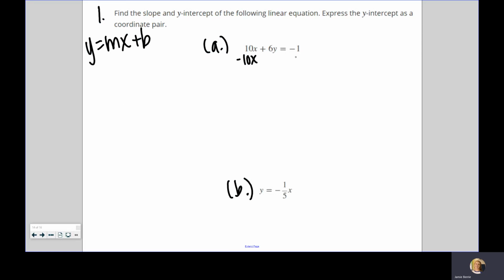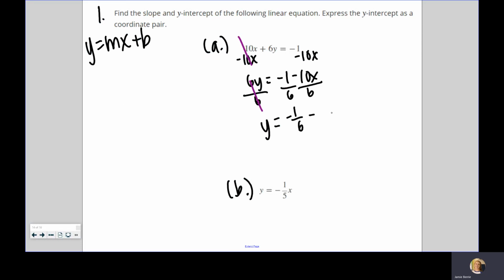So we would subtract 10x from both sides. Then divide everything by 6. All right, so just cancel this stuff out. That cancels, that cancels. So we get y equals -1/6 minus 10/6.